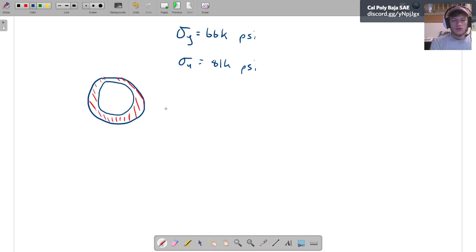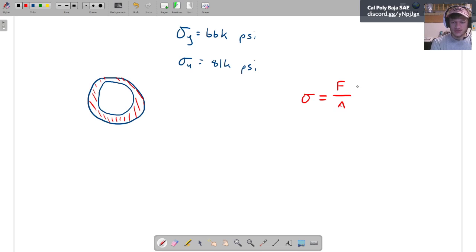So, who can tell me what our definition of stress is? You guys did it earlier. Should be real easy. Stress equals force over what? Area, sorry. Perfect. Force over area. Okay, so we now know we have an axial force.